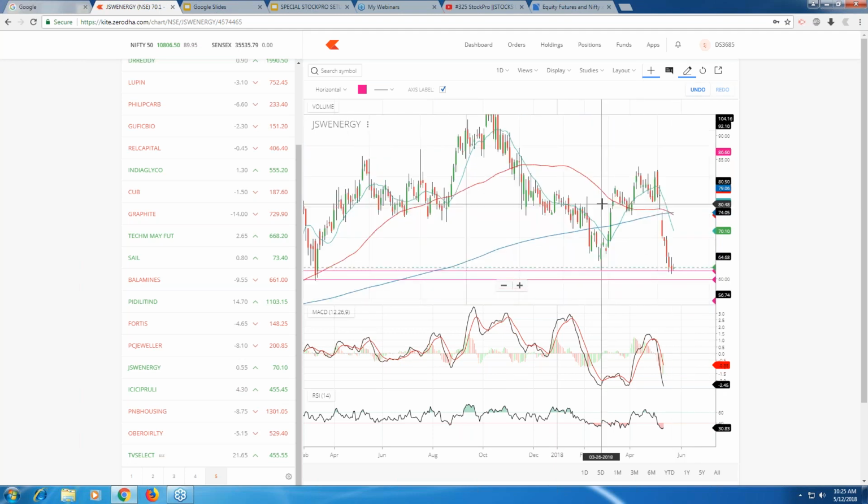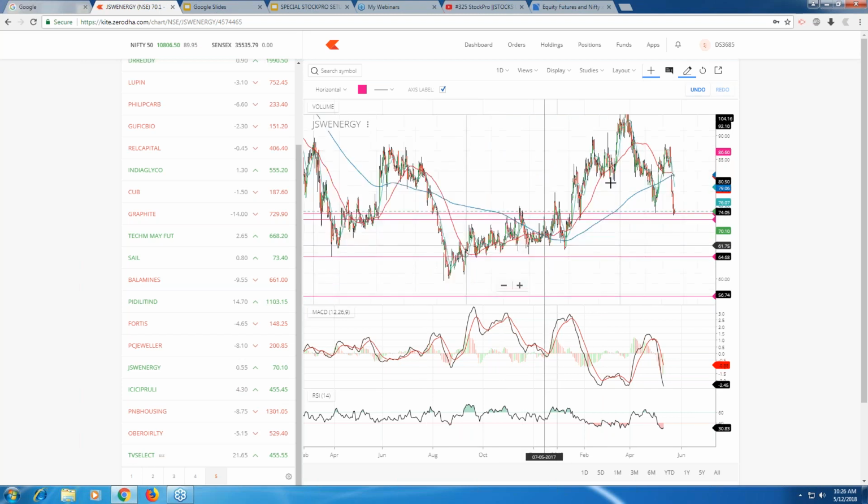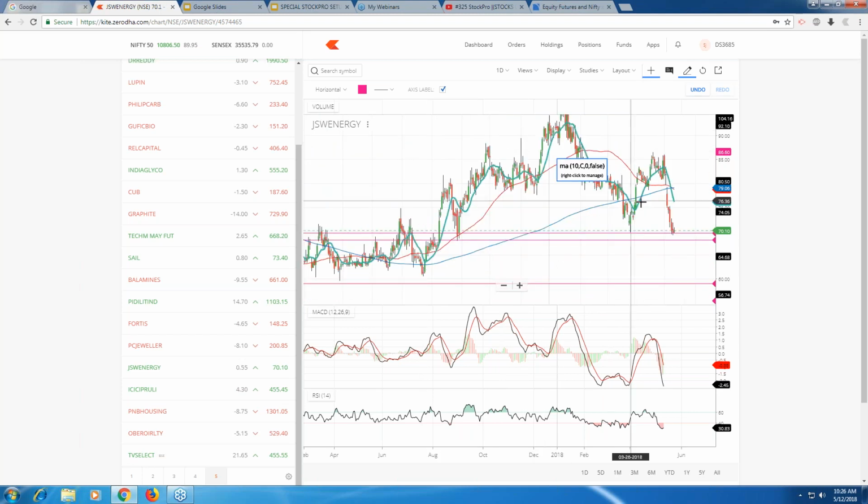All right, so I hope you are understanding the 200 DMA breakout, upward or downward. Downward you need to bother when you are trading in futures or options. But if you're playing with equity only, buy only, then you only need to be bothered about the breakout of the 200 moving average in the upward direction, because it behaves as a rock solid support. So you don't need to worry.